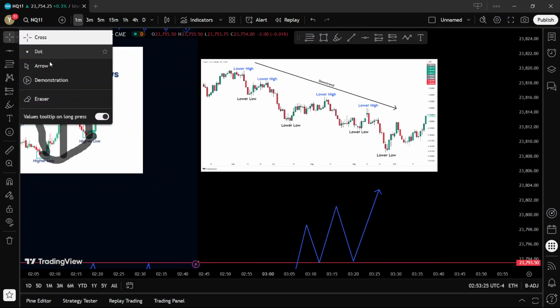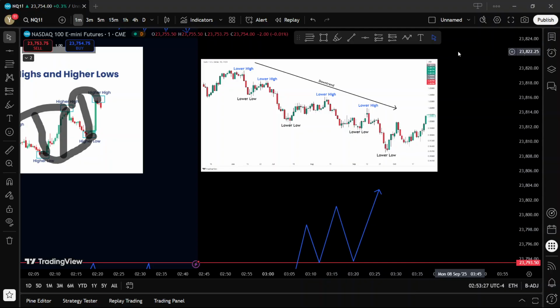And then also we have right here a lower high, then a lower low, then a lower high, then a lower low, then a lower high, lower low, lower high, lower low. And basically this shows you the downtrend, because this was the highest point that price went before going back down, and then it came back up, right?